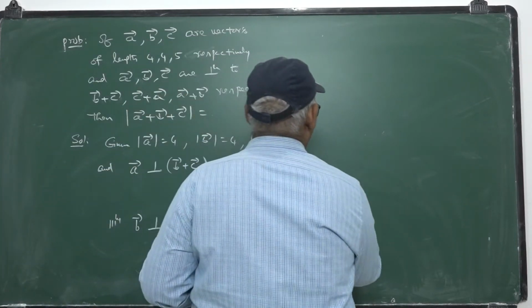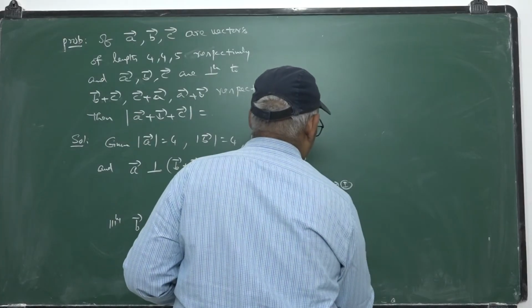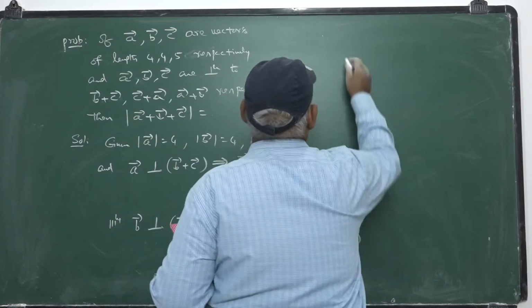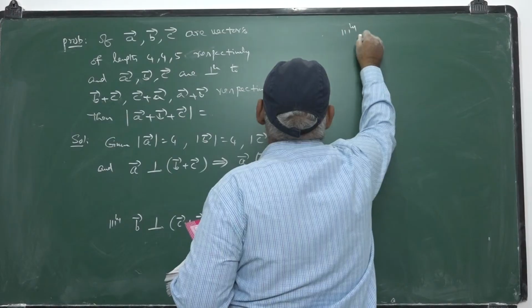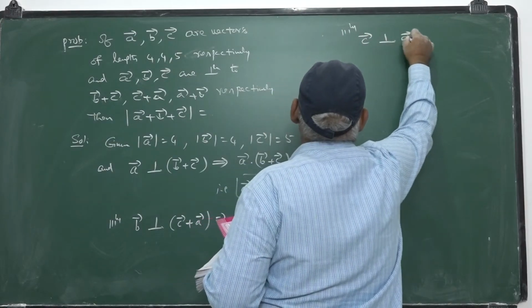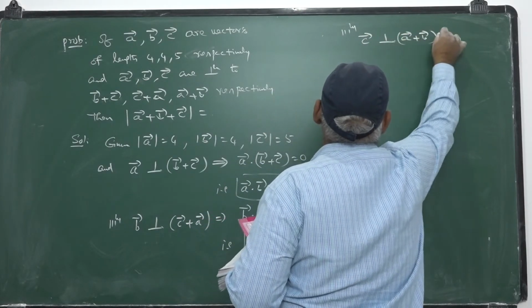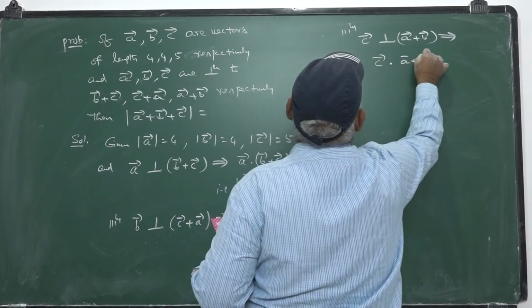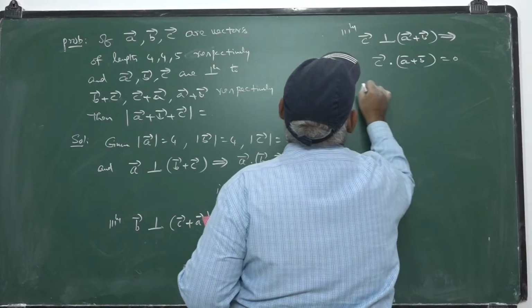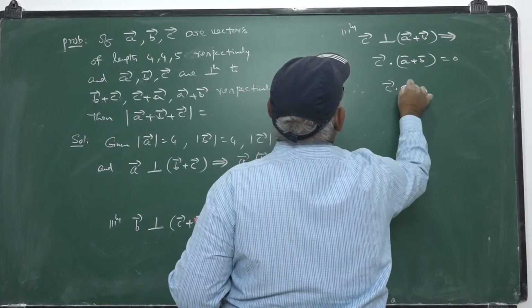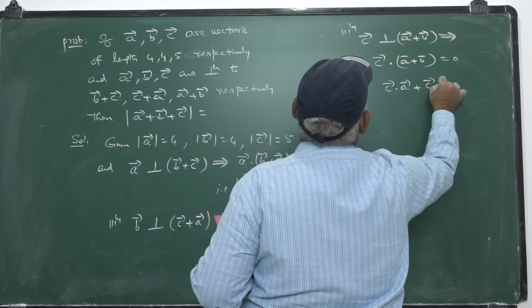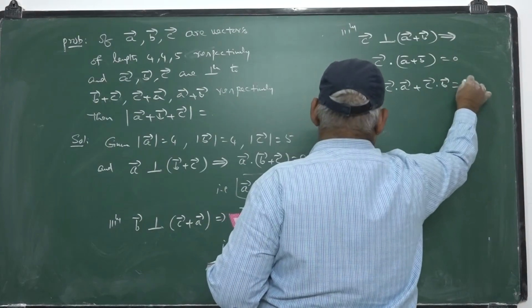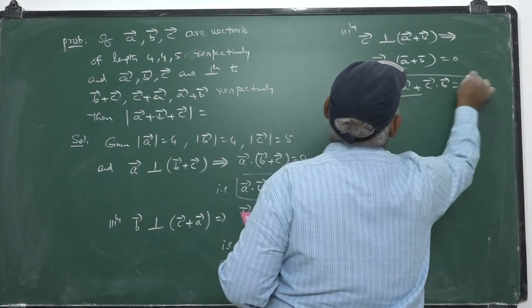Let this be 1, this is 2. Similarly, C bar is perpendicular to A bar plus B bar implies C bar dot A bar plus B bar is 0. Therefore, C dot A plus C dot B is 0 itself. This is one more relation.